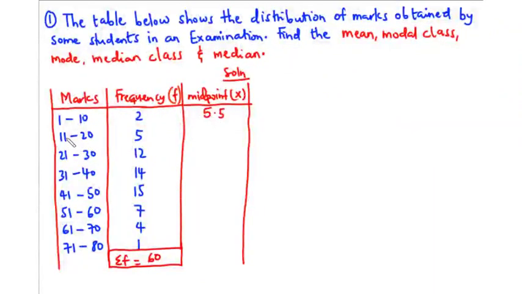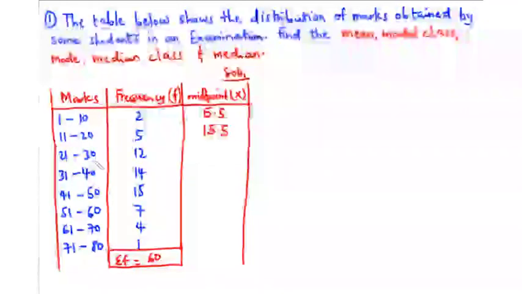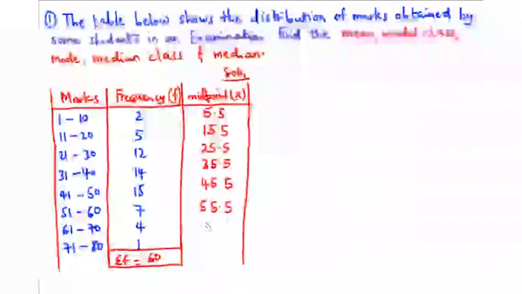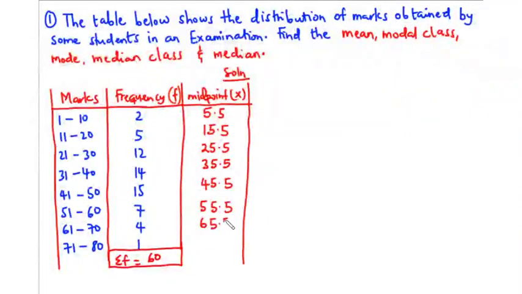For the second interval, we have 11 plus 20, that is 31, divided by 2 is 15.5. 21 plus 30 is 51, divided by 2 is 25.5. So you can guess the trend. We can add 10 to the next one to get 35.5, 45.5, 55.5, 65.5, and then 75.5.